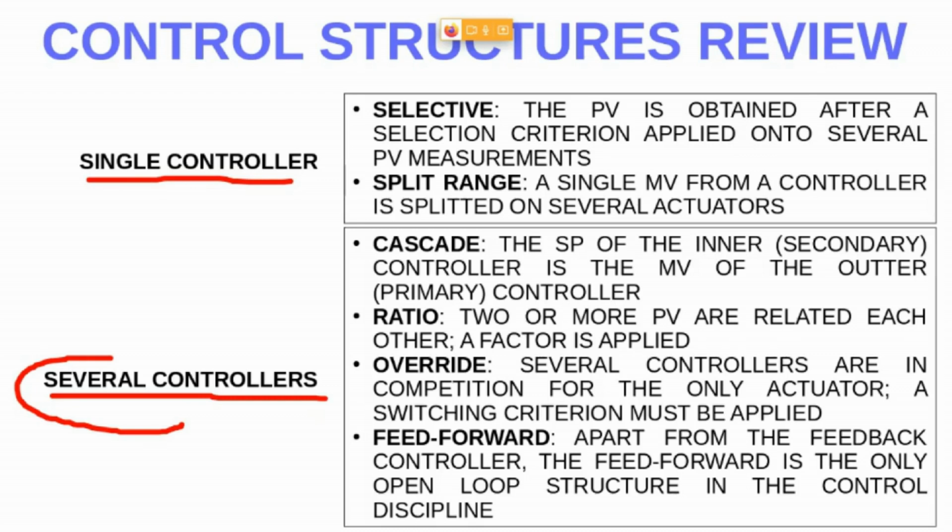The selective control structure is also used when you consider that one or several out of your measurements can fail. So if, for example, you consider that a single transmitter can fail, only a single transmitter out of all of your transmitters.